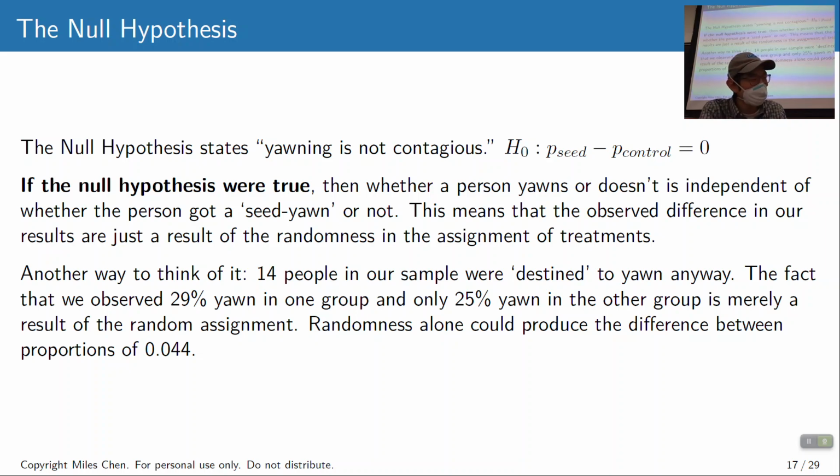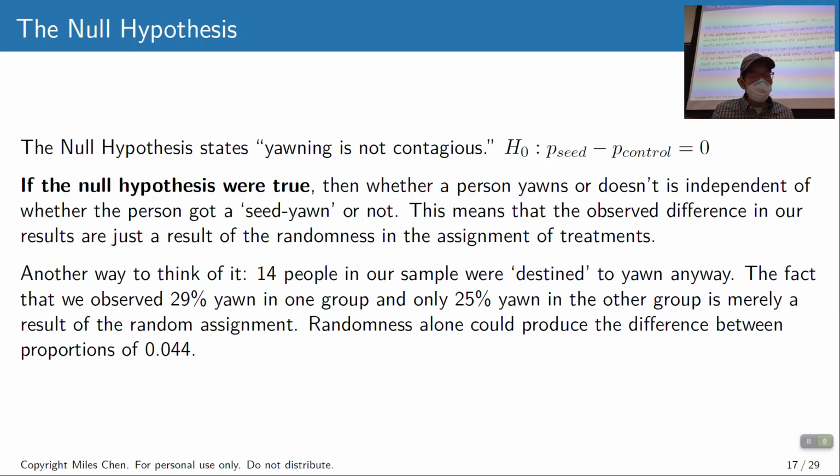It's a little bit of a funny thing to use the word destiny in this way, but we're going to say for 14 of these people, it was their destiny to yawn. They were going to yawn anyway. Out of the 50 people, 14 of them were going to yawn no matter what. 36 of them were not going to yawn.